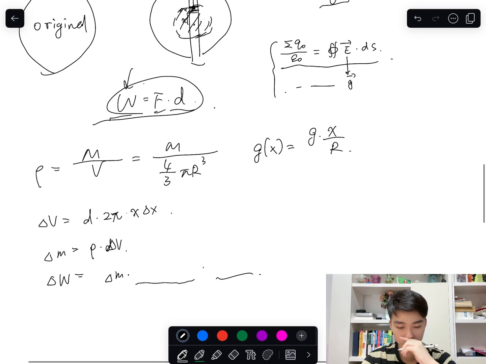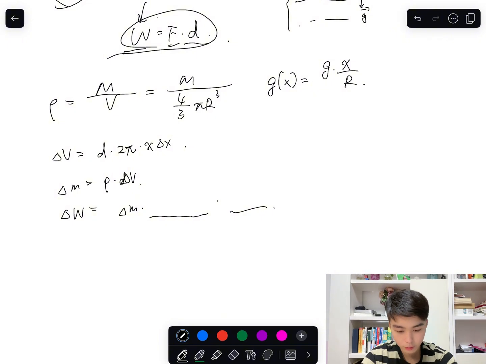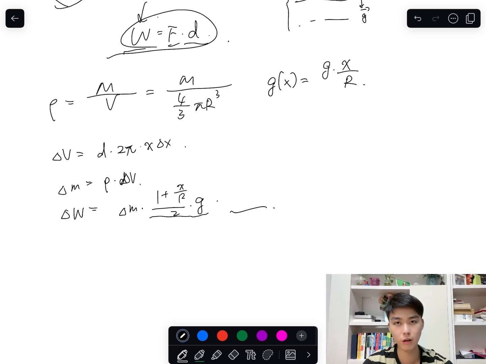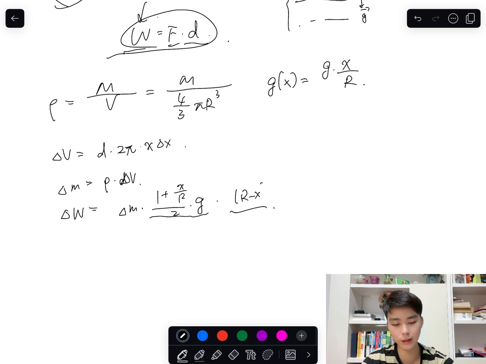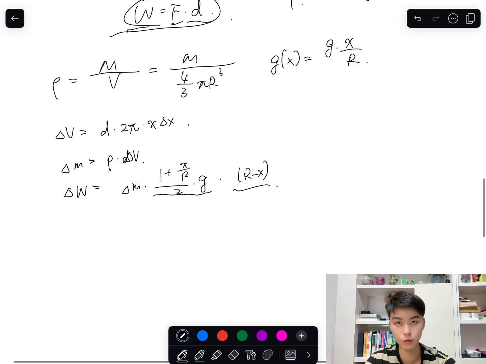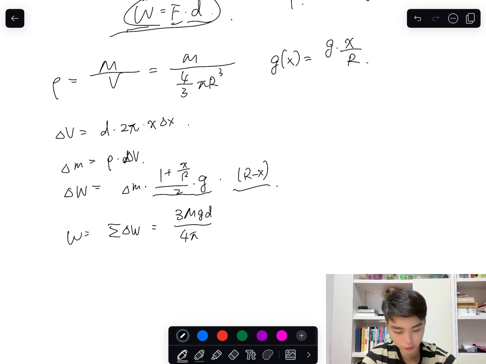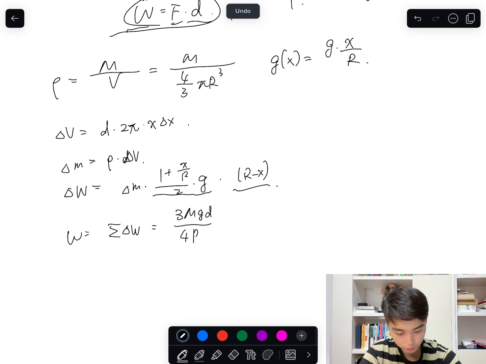That is (1 plus x over R) over 2 times g. This is the average gravitational field strength times the distance. We can calculate the overall work done by summing this up, and we get 3mgd over 4 pi R to the power of 4 here.